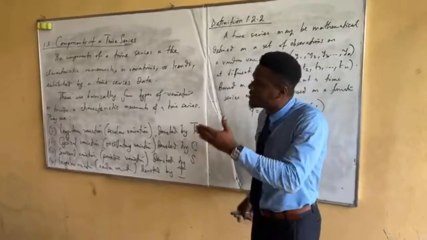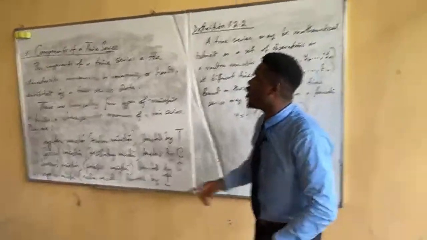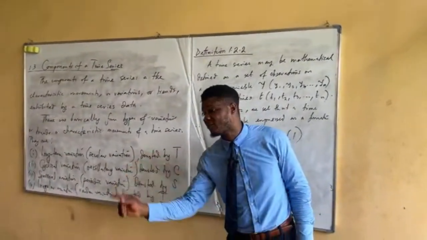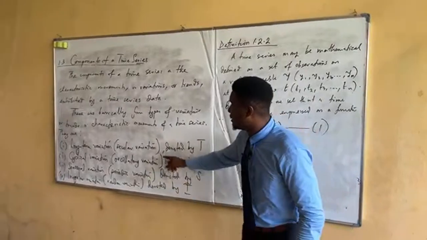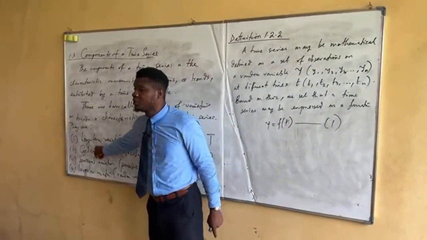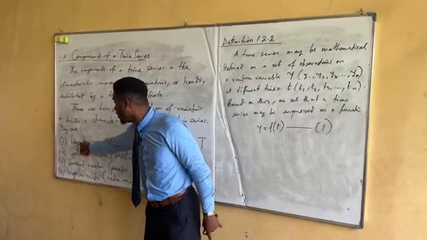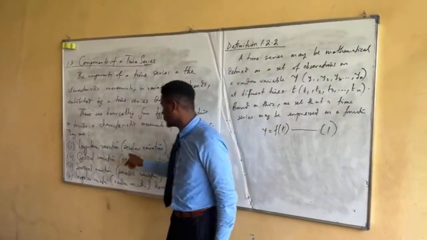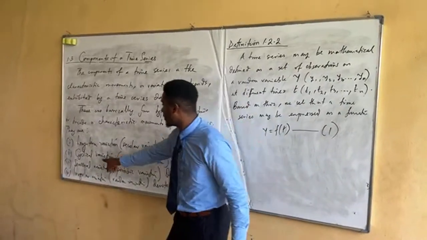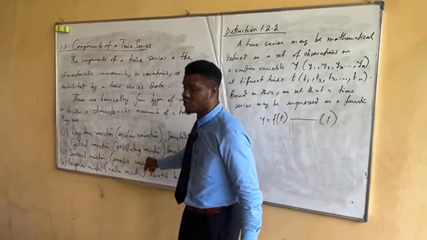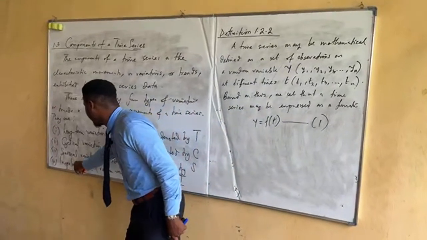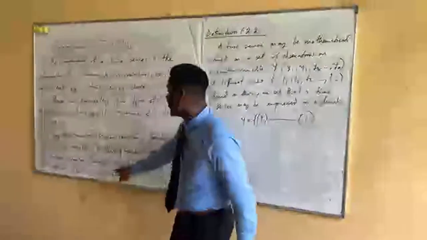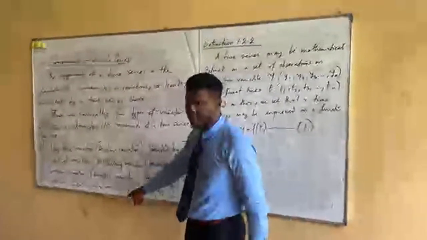After mentioning them, or side by side mentioning them, we also make whoever will be listening to us or watching this video after now know that there are substitute or alternative names for each of these components, such that if you don't want to call them long-term, you can call them secular. If you don't want to call them cyclical, you can call them oscillatory. If you don't want to call them seasonal, you could call them periodic. If you don't want to call them irregular, you could call them random.